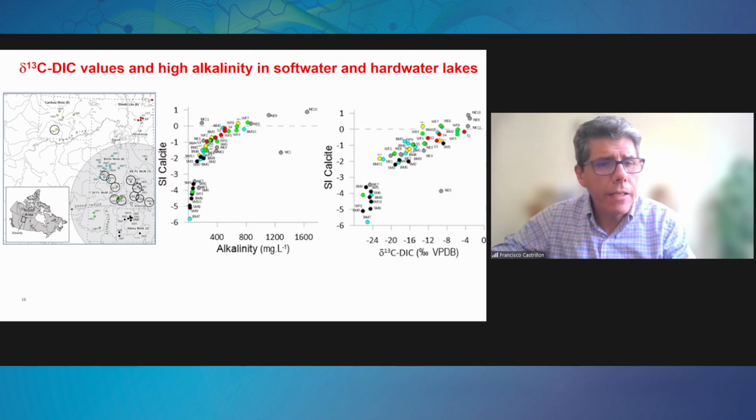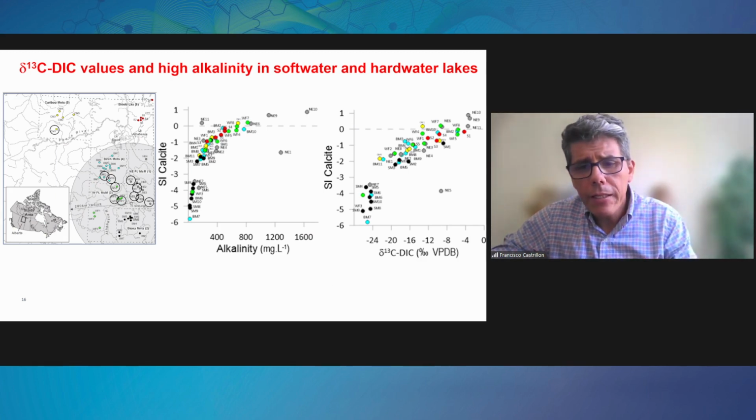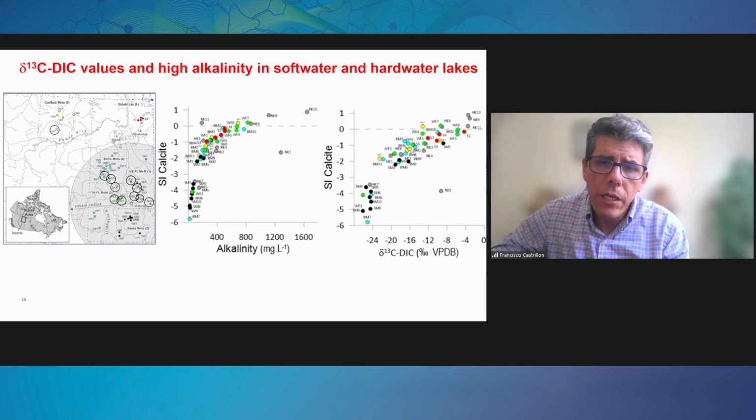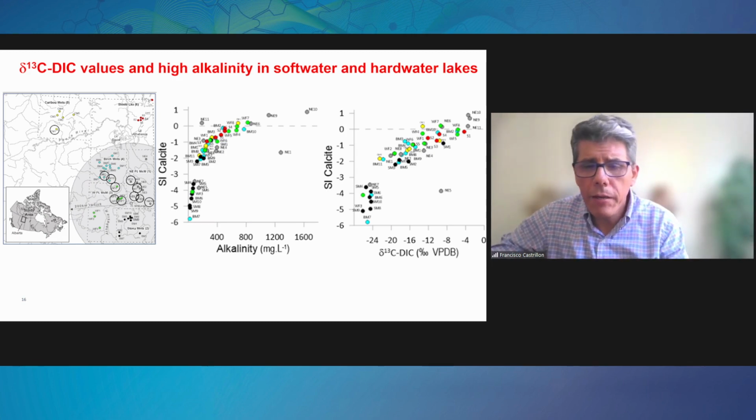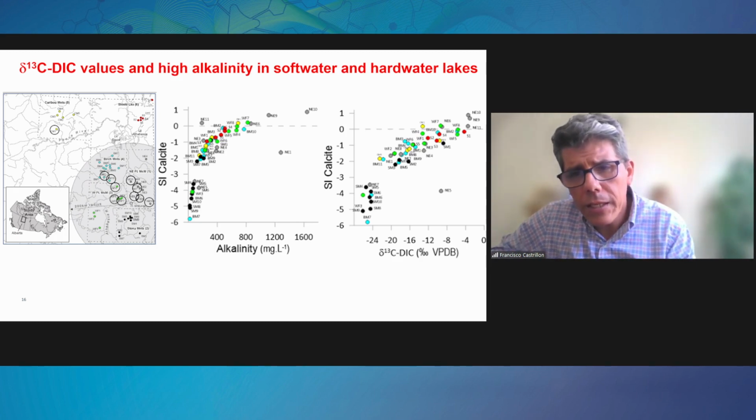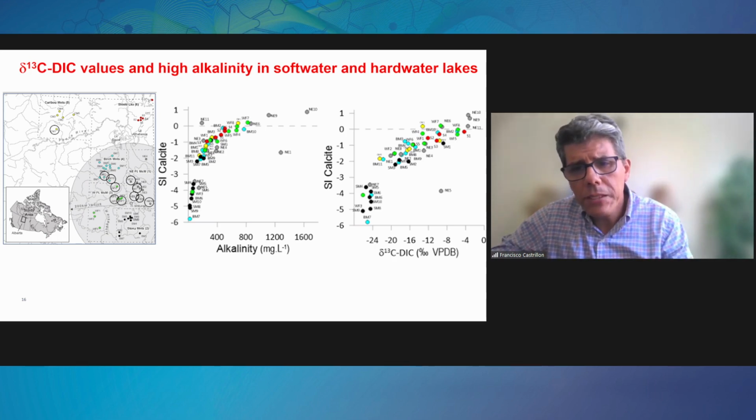And then finally, when we look into the carbon-13 isotopes in the DIC on the right-hand side, you will see a trend of increasing carbon-13 values in the DIC with respect to the saturation index of calcite, derived from applying equilibrium modeling to these waters. So there is a correspondence between calcite dissolution and precipitation and the positive values of carbon-13.